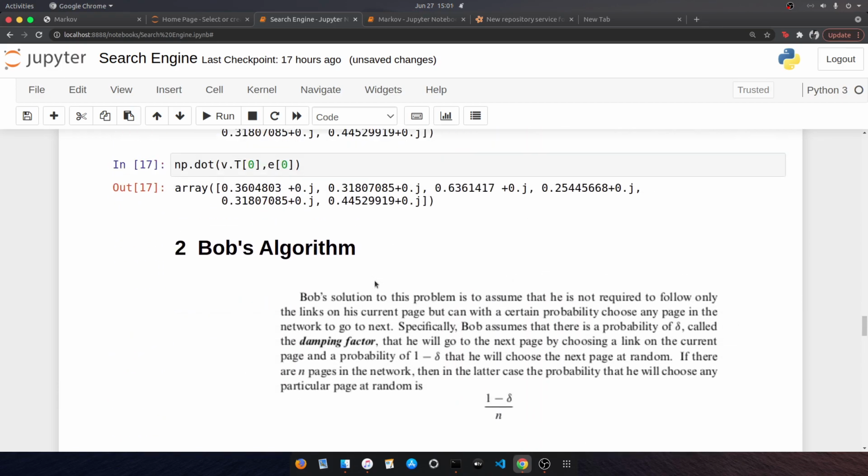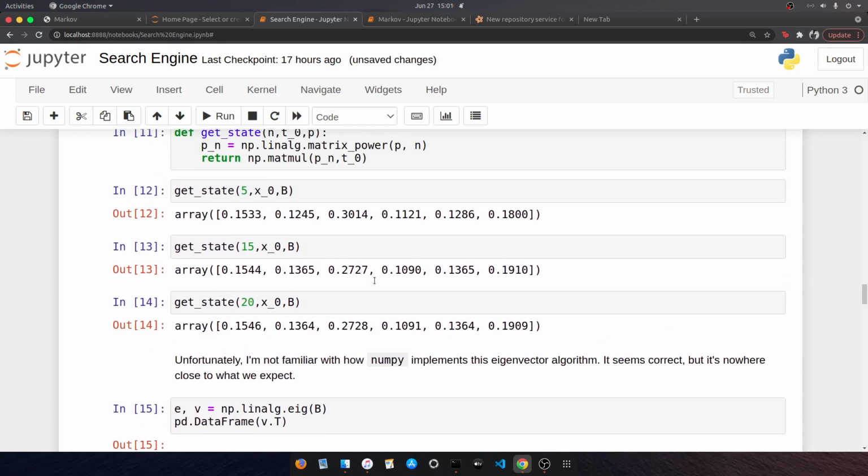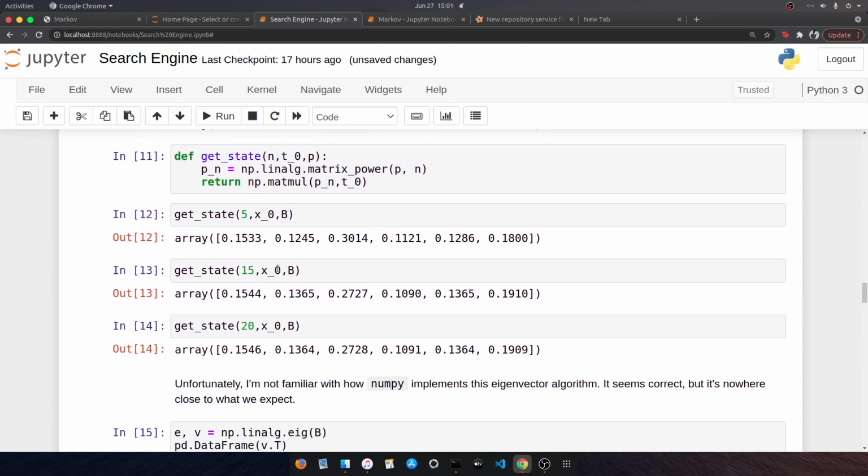I should have used another variable. I'm sorry. Okay, yeah. So as you can see, this is the value at state 15, and this is the value at state 20. The values look extremely similar to each other, and that's expected.